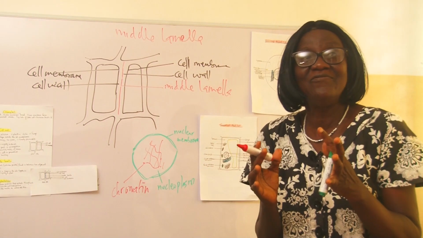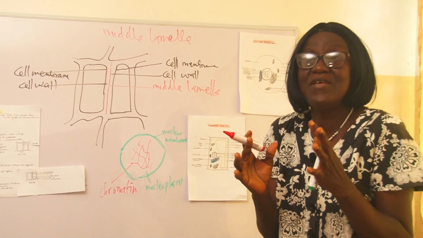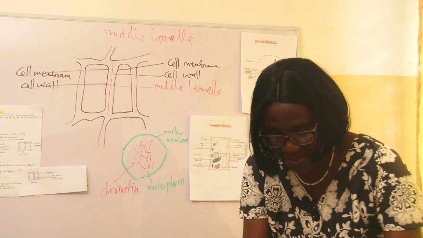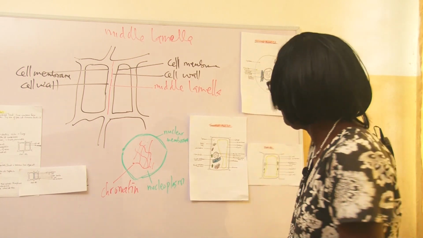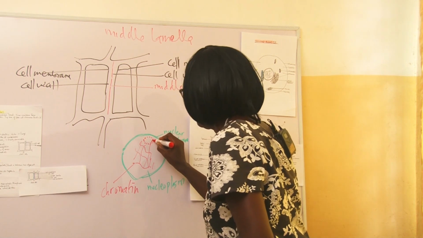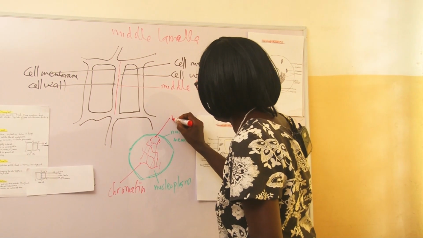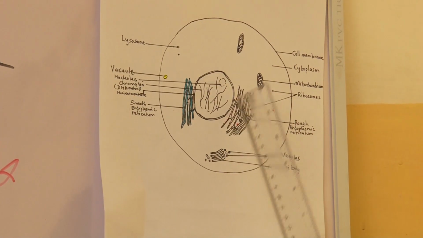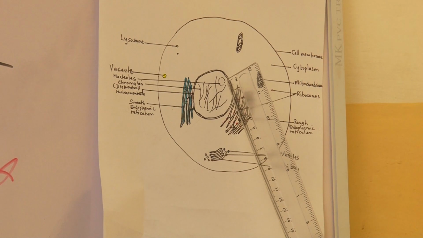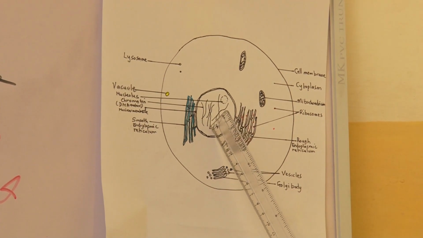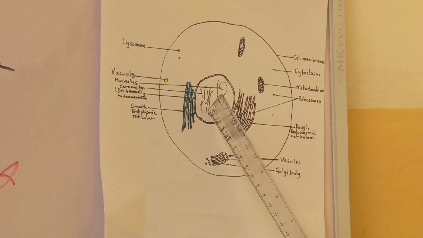But when the cell is dividing, then you see the DNA properly. All right, that seems to have a space around it, a kind of material that forms a clear space and is called nucleolus. This is the nuclear membrane, double membrane bound with pores. Here is the nucleolus. Here is DNA or chromatin material.